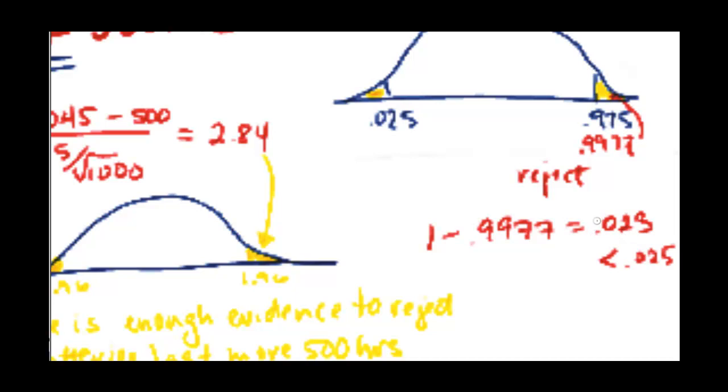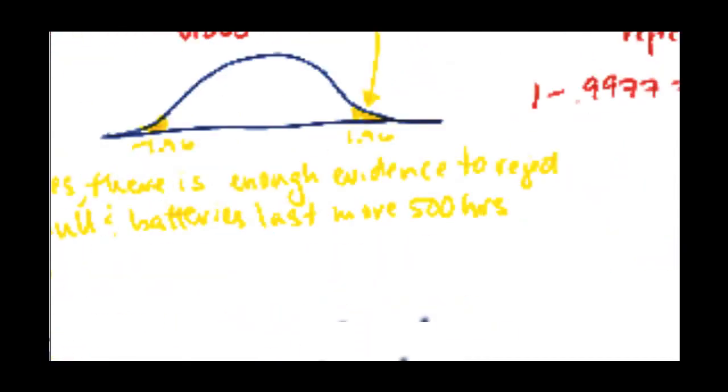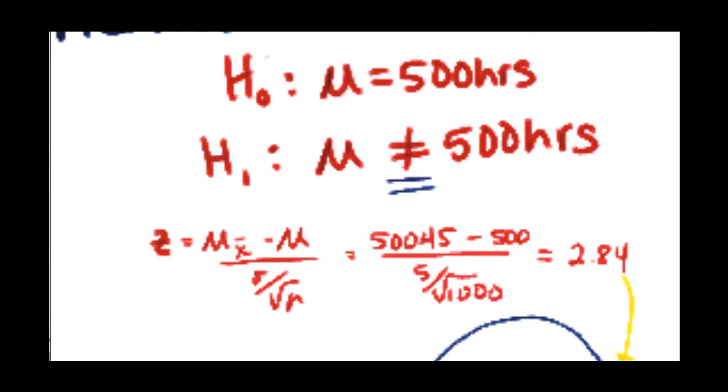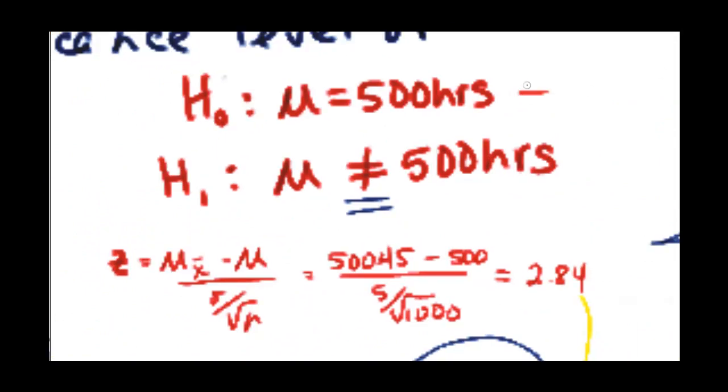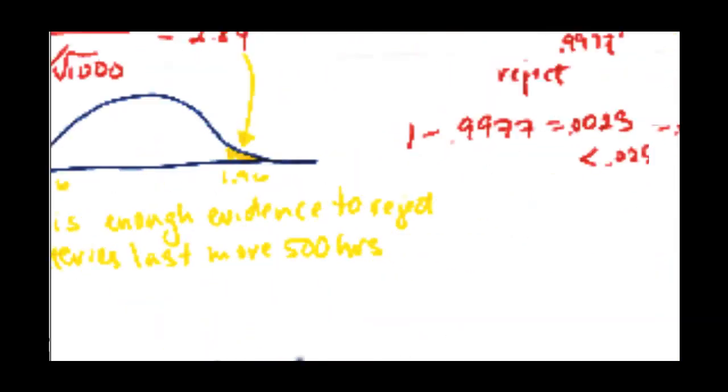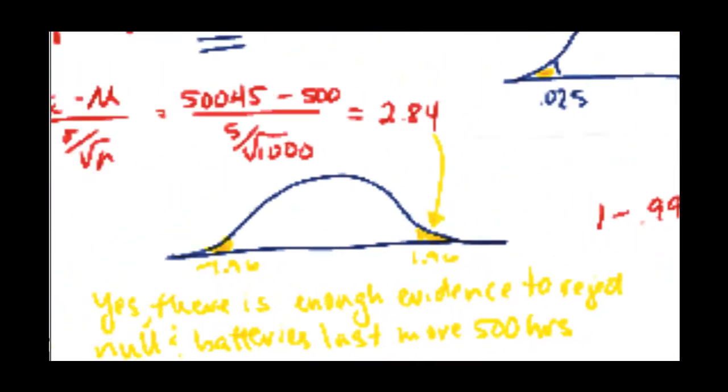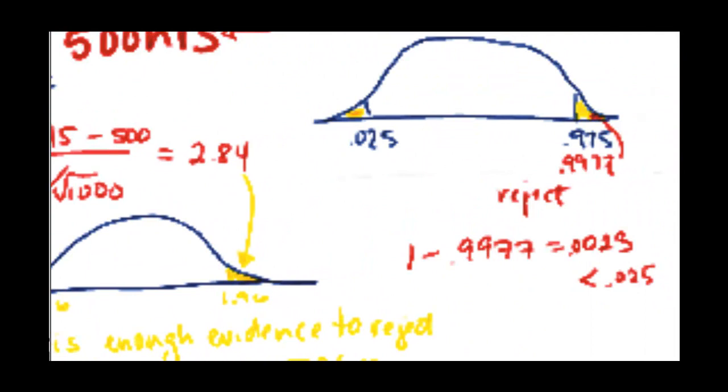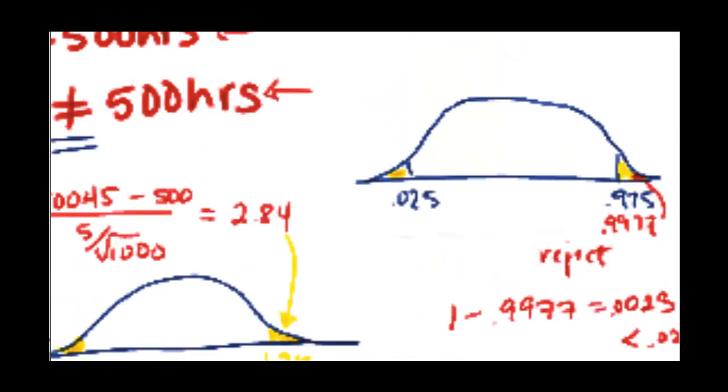Yes, 0.0023, which is way less. Okay, so no matter how you slice it, we rejected the null in this case, rejected this null in favor of this research. And it was on the positive tail of the graph, so I am probably right. My batteries do what they claim to be doing.